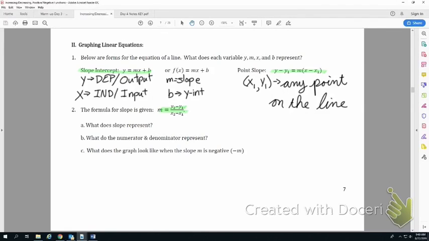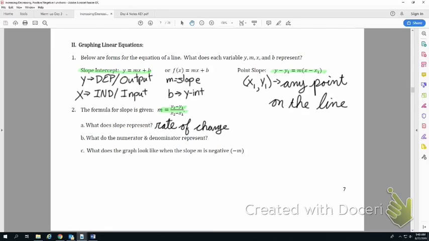The slope is also, it's kind of what the line is doing in a way, the rate of change. How is it changing? How is it increasing? How is it decreasing? At what rate is it increasing? At what rate is it decreasing?